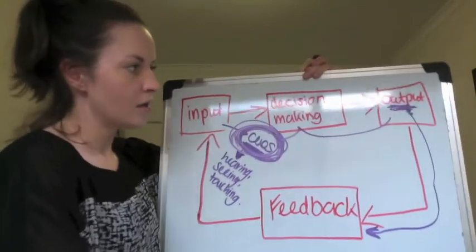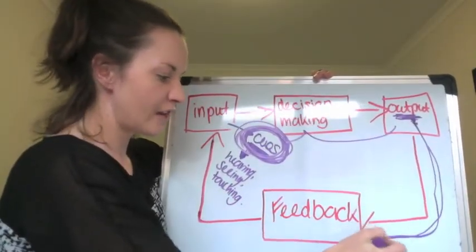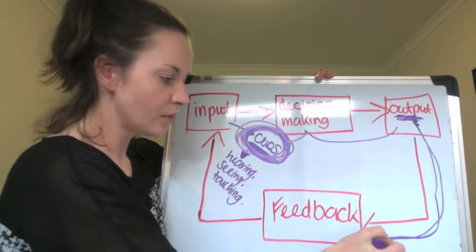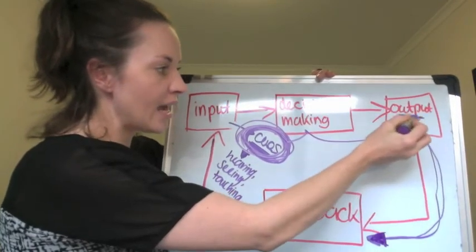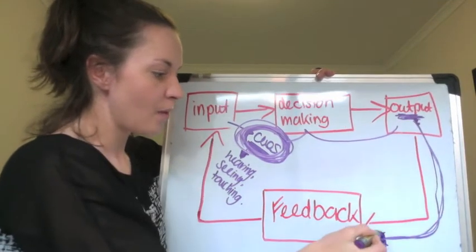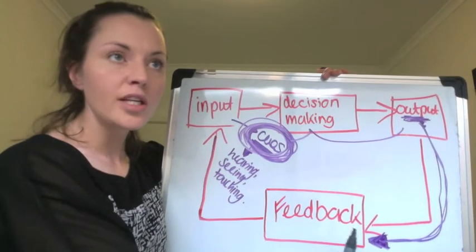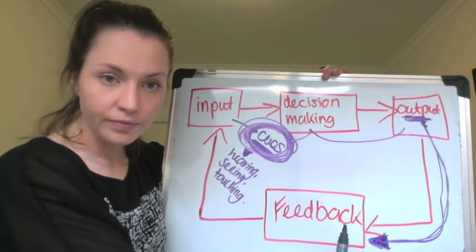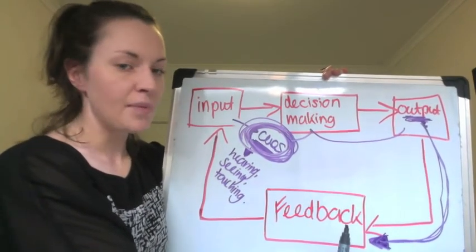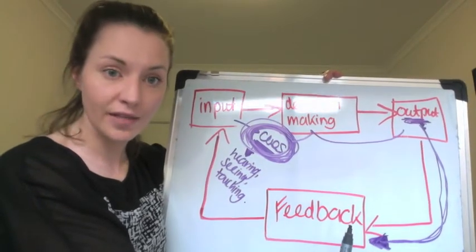Now we are looking at feedback. After the player has performed the skill, they will receive feedback. When we talk about feedback, we're talking about knowledge of results, so whether that particular movement pattern was successful within the context of a game.